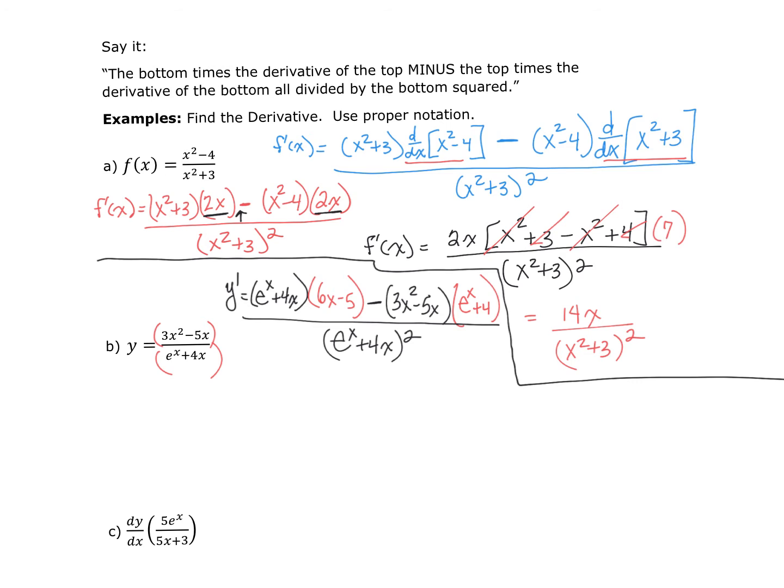So let's try to simplify this one as well. We're going to start by distributing the black factors and the red factors on top.